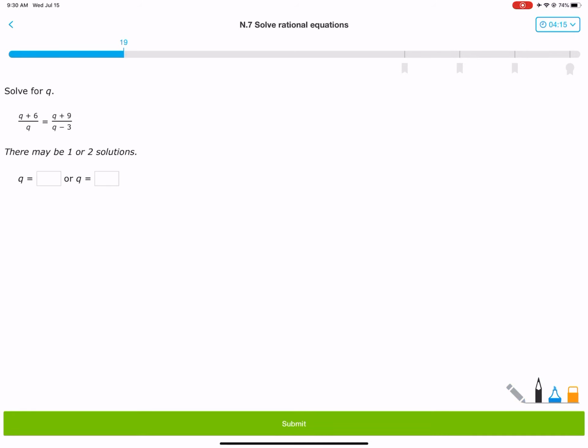Okay, so now it's going to get a little more complex. So we got q times q plus 9 over q plus 9. I'm going to rewrite it. And so we multiply those two, and then we multiply those two.